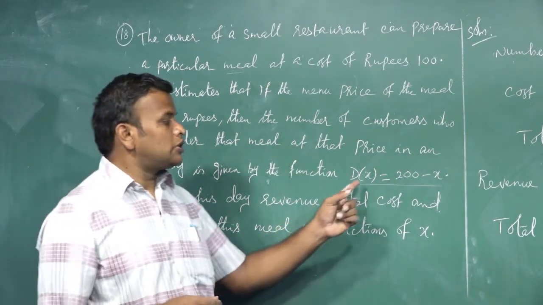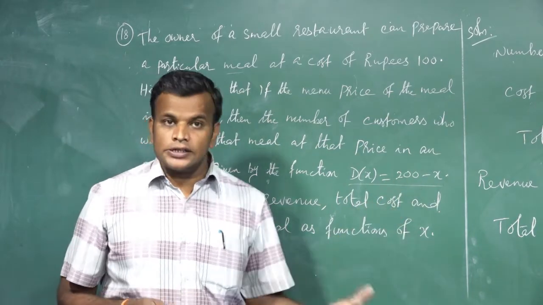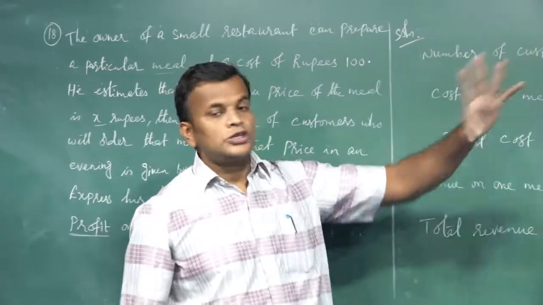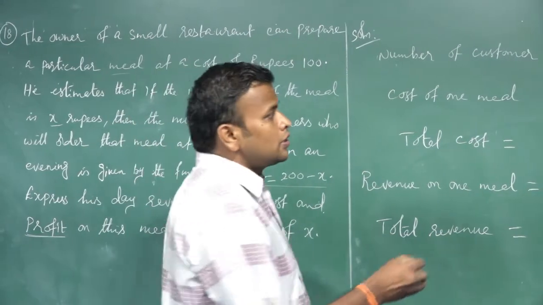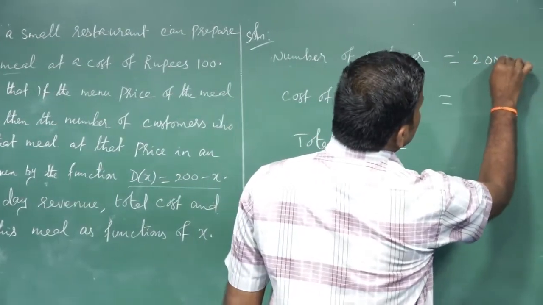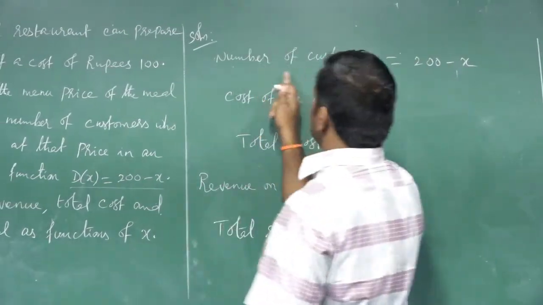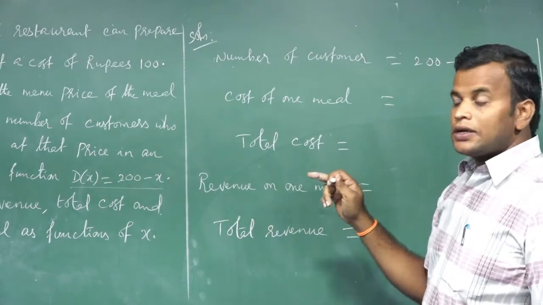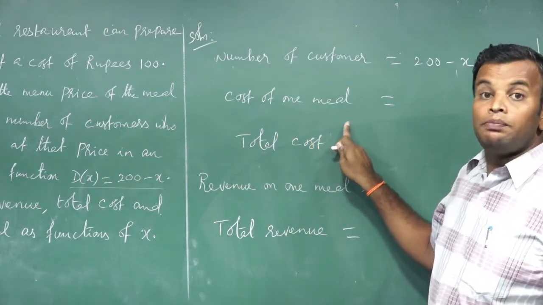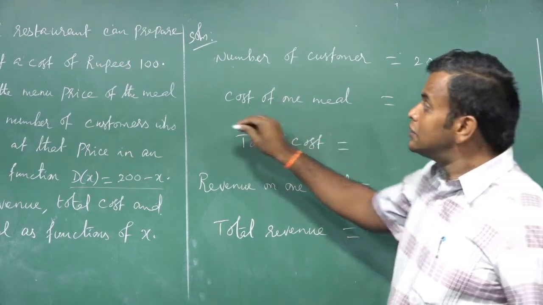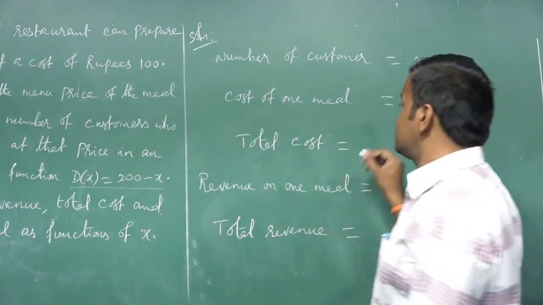Here the number of customers is given as 200 minus X. So first of all, the number of customers, whose value is 200 minus X. Next, the cost of one meal. The preparation cost of the meal is given as rupees 100.